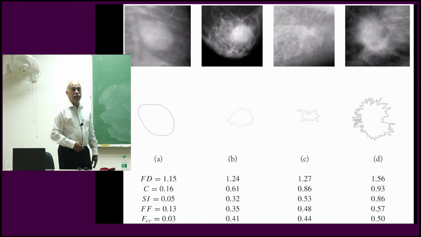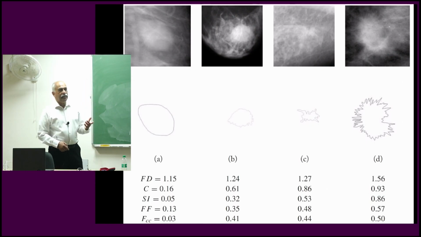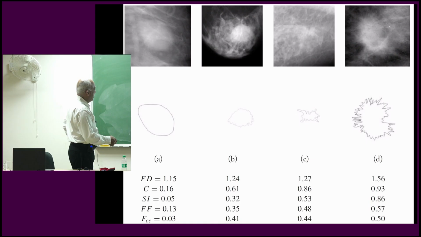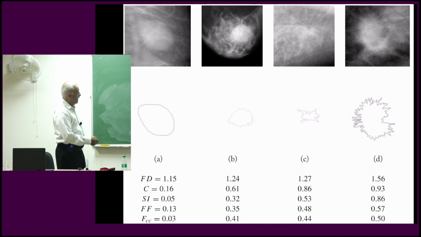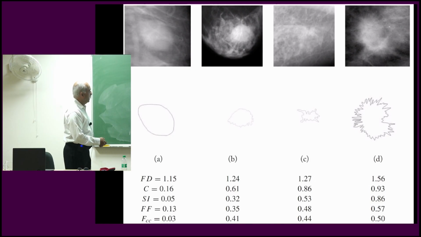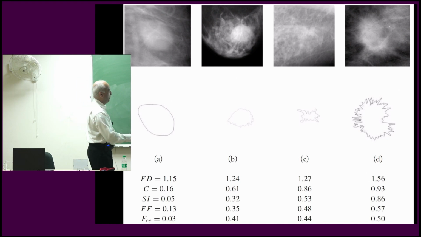So now we have our data set of contours and some examples of this feature vector of fractal dimension using, it is somewhere else. I can't remember which method was used. And compactness, spiculation index, the Fourier factor, fractional concavity.